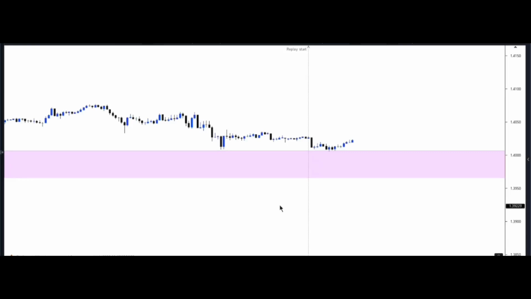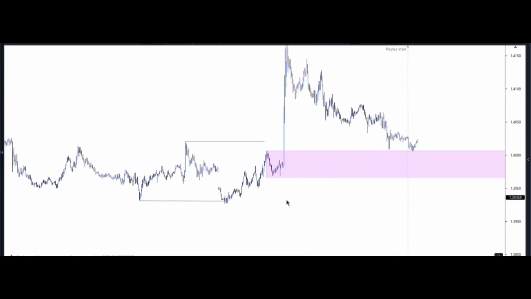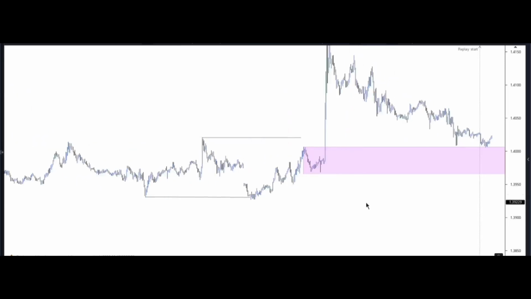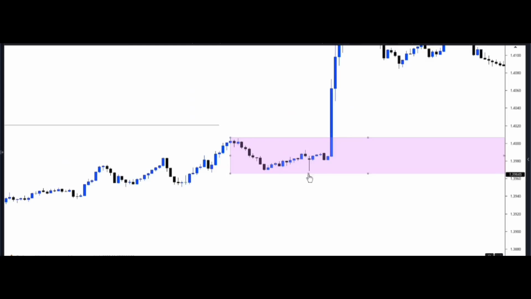And so this is the zone. So we want to refine it. Look at it carefully, guys. This is the last sell momentum before the push up that led to this break of structure here. Okay? So this becomes your refined zone. So that's your refined zone.